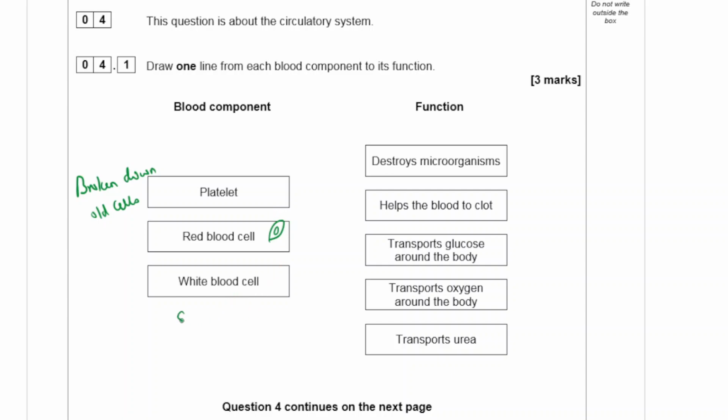The white blood cells, there are different types. There's a white blood cell which doesn't have a specific shape, called phagocytes, which are responsible for eating or engulfing bacteria. You also get memory cells with a large circular nucleus.